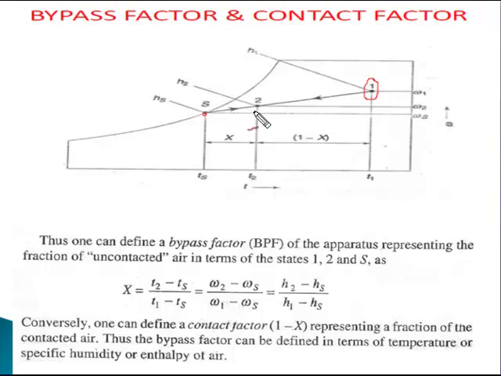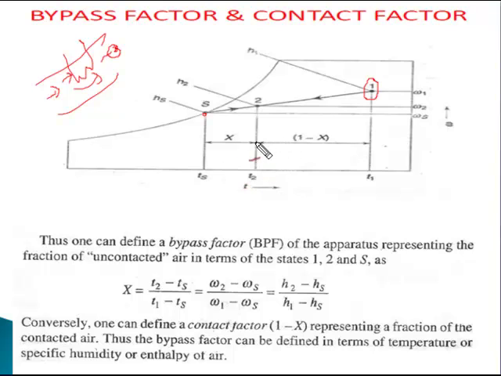But after passing the air through the cooling coil we cannot achieve the temperature of the cooling coil, because some air passes through the bypass of the coil and some air passes over the coil or in contact with the coil.